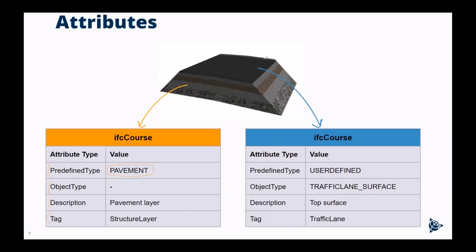But here, for example, in Quadri, we also define the top surface. And this is just the surface, and there is no predefined type that can describe this surface. So in our case, we can set the predefined type to user defined.